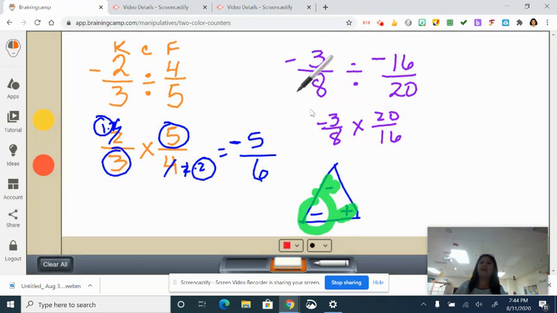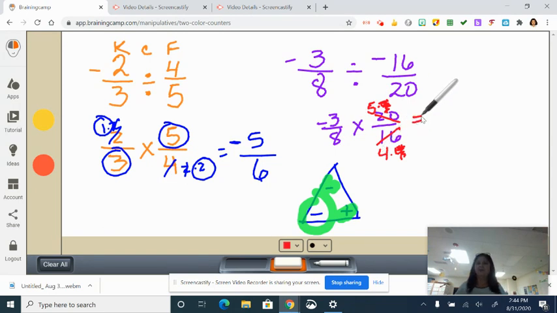Now I can simplify before I multiply. I can simplify my 20 with my 8 or my 20 with my 16. I might have to simplify twice. This could be 5 times 4, and this could be 4 times 4, and get rid of my common factor. Now I have a 3 in the numerator and a 5 in the numerator. Do they have anything in common with 8 or with 4?